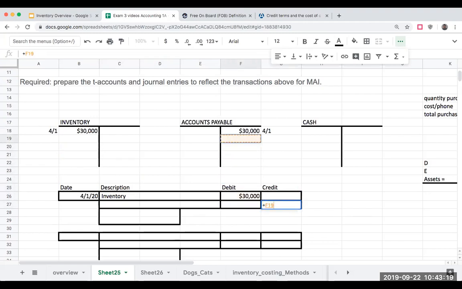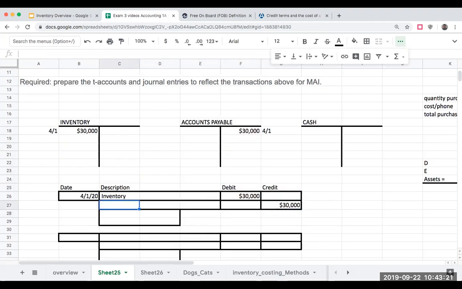Notice over here for crediting accounts payable, I have to indent my credit, especially the account description. When I grade exams, this is a very common thing which I take points off for. The last thing I need is a description: to record purchase of inventory on account.